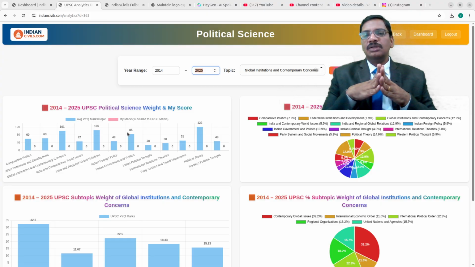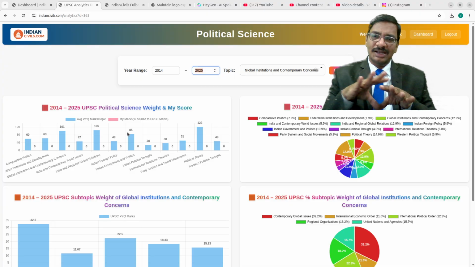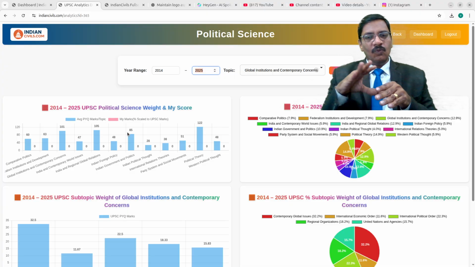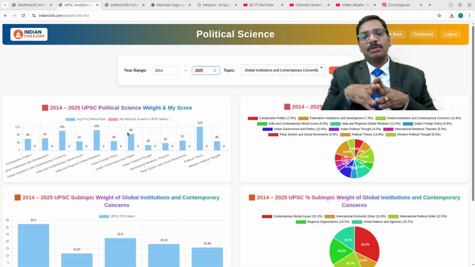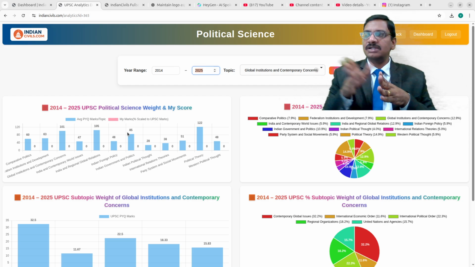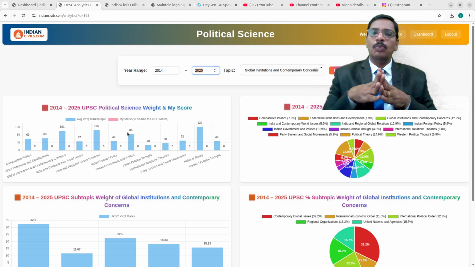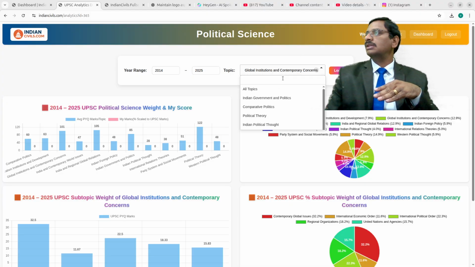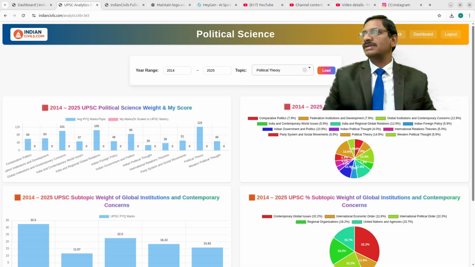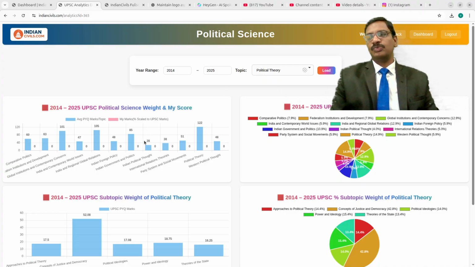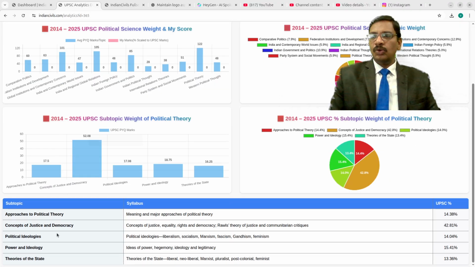And this you can further divide, so that in the entire syllabus of that particular topic, you can see where exactly the questions are coming from in UPSC, right? That I have divided. Suppose I take one particular case, let us say political theory. I select political theory and plot the graph for it, and again I have divided political theory into 5 different subtopics: approaches to political theory, concepts of justice and democracy, political ideologies, power and ideology, and theories of the state.